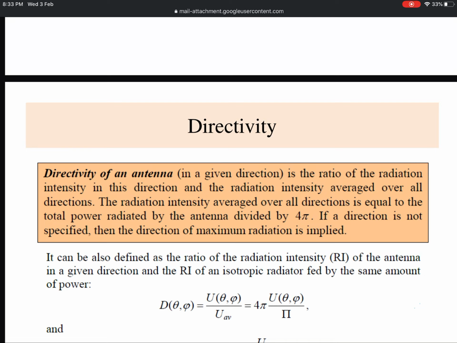You may come across in any paper or book that they are quantifying that my antenna directivity is 30 dBi. So what does directivity actually mean? By definition, directivity in a given direction is the ratio of the radiation intensity in that particular direction divided by the radiation intensity averaged over all directions.